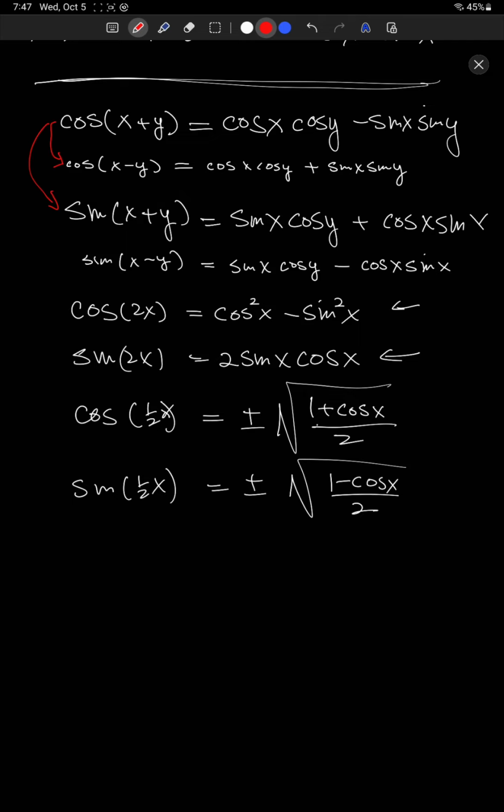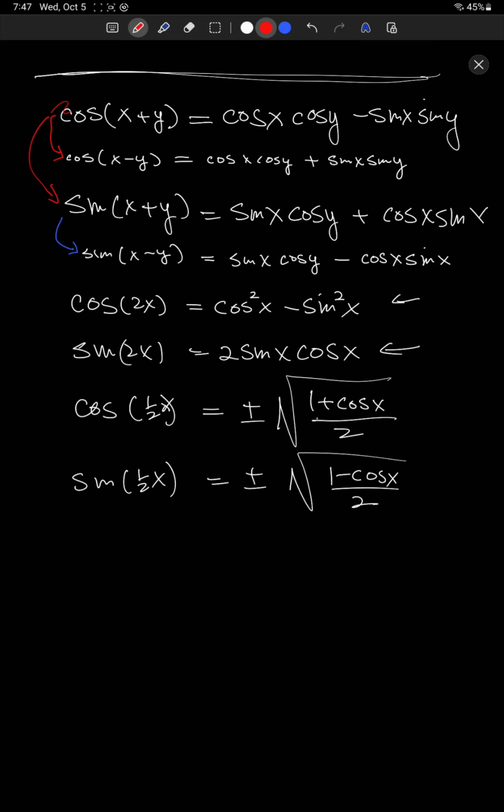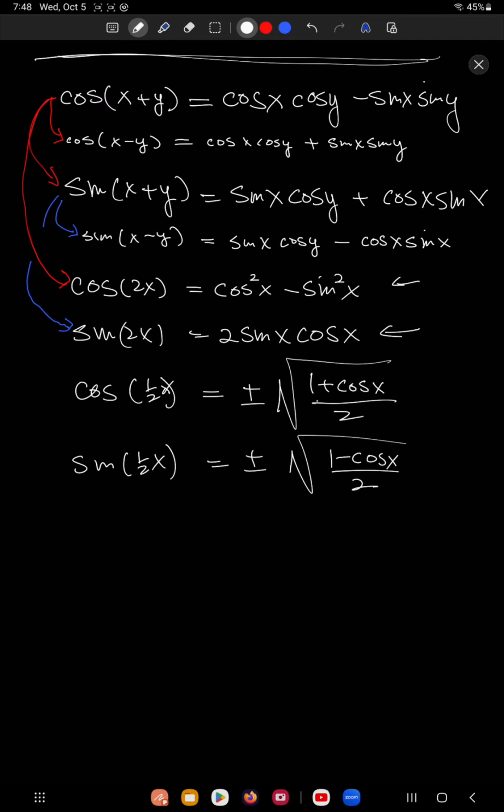And in terms of the relationships between them, this guy got you that. This guy got you that in an easy way. This guy got you that, right? The original guy up here got you that in a very easy way because 2x is x plus x. This one got you the sine version right there. And then the cosine 2x, let's try a different color, I guess.